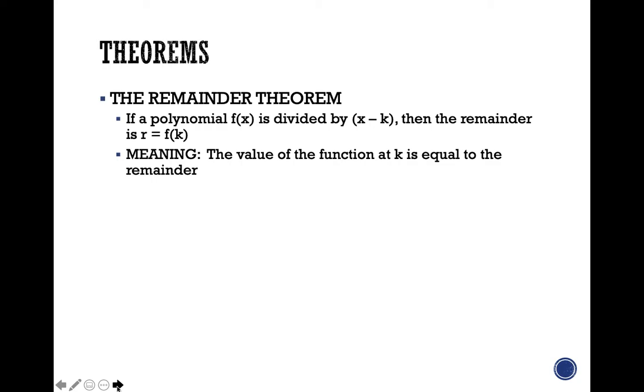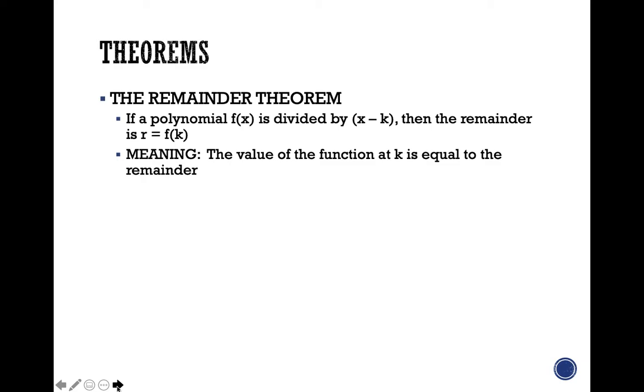So the meaning of this is when I use synthetic division, the remainder that appears would be the same thing that I would get if I were to just plug in our k value to our function and evaluate it algebraically. We'll take a look at this today and explain through an example what we mean by the remainder theorem.